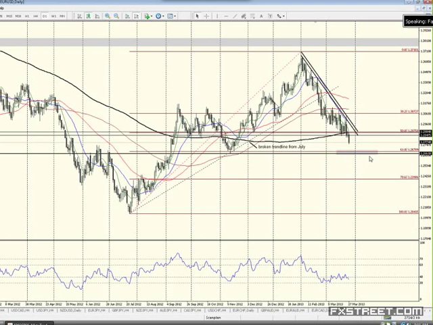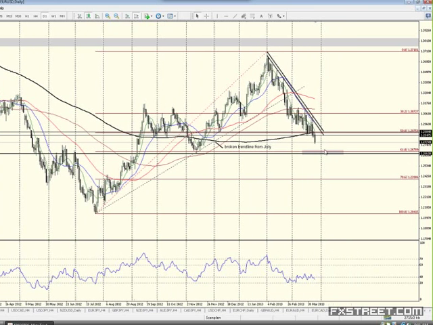So we need a nice clear break. We might need the week to end before judging the breakout. If, say, the break comes in on Tuesday, you might have to wait till Friday to make sure that there's no fake out. So that's the key level to watch for in this coming month and I guess quarter.